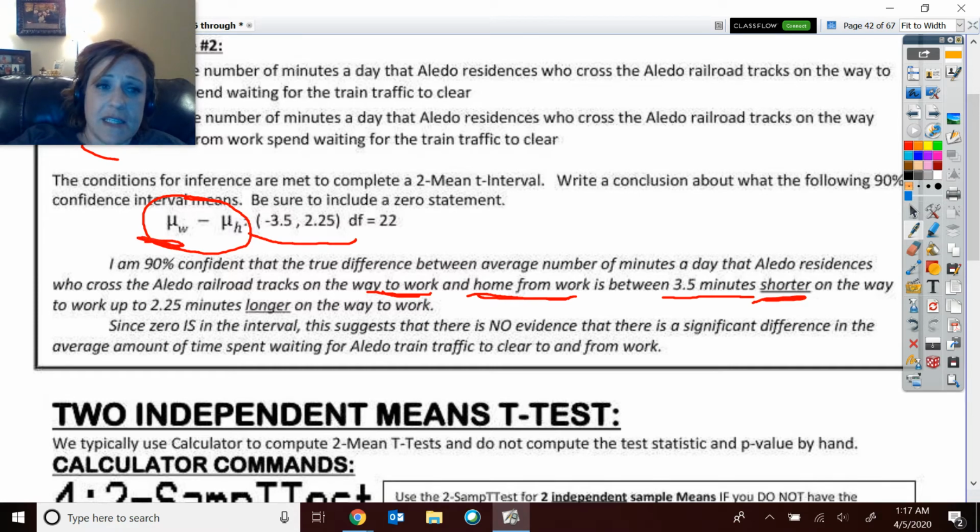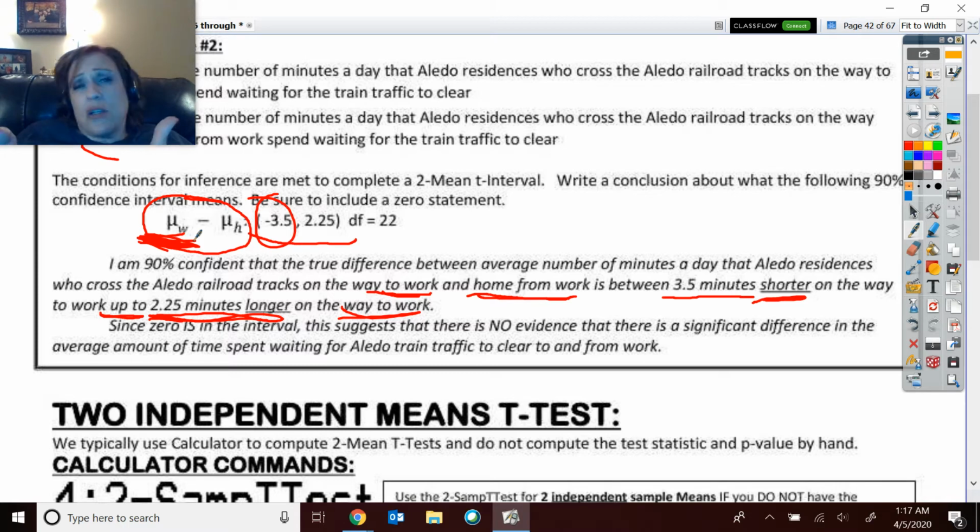So that negative number is saying the way to work could be 3.5 minutes shorter than the way home, up to 2.25 minutes longer on the way to work. So in both cases, I'm talking about the way to work.